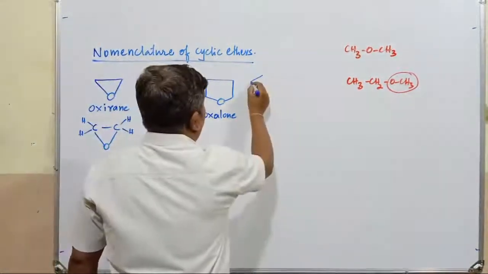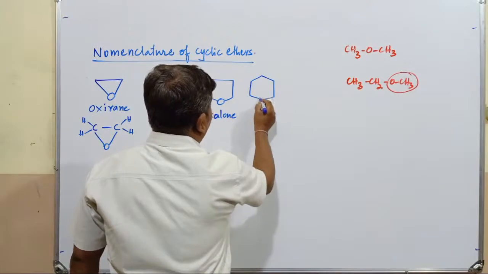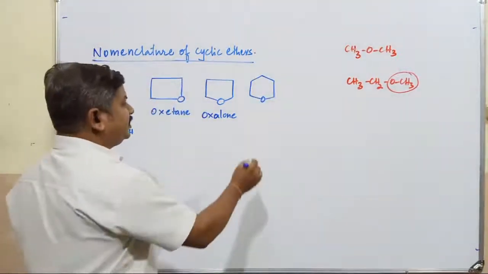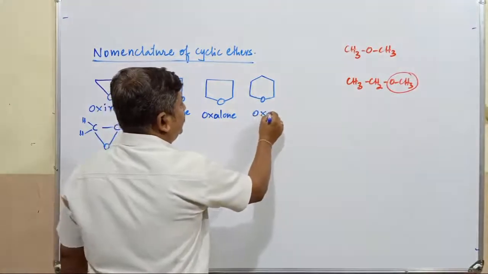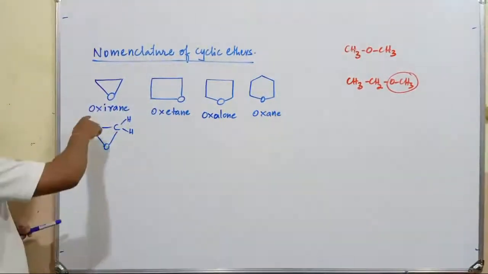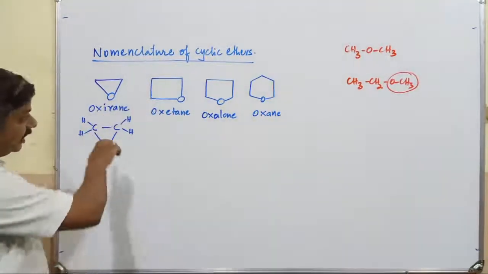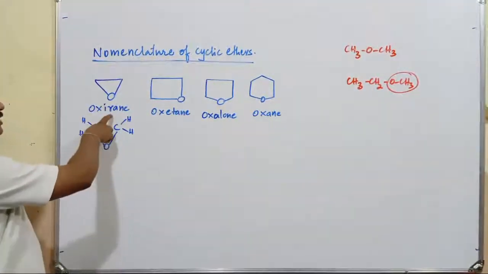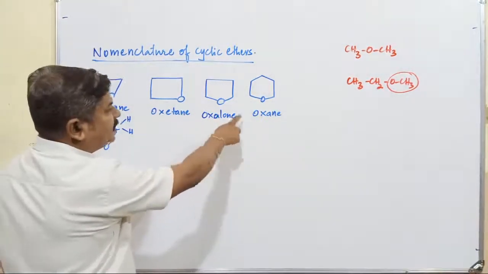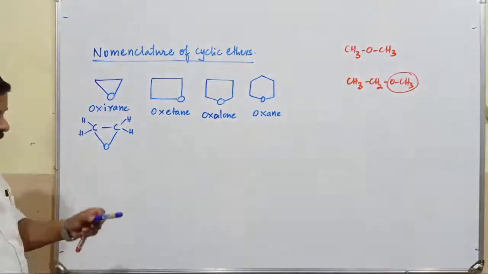And the compound with a 6-membered cyclic structure where the oxygen atom is part of the ring is generally called oxane. So these are the different types of cyclic ether compounds: the 3-membered ring is oxirane, the 4-membered is oxetane, next oxolane, and next oxane.